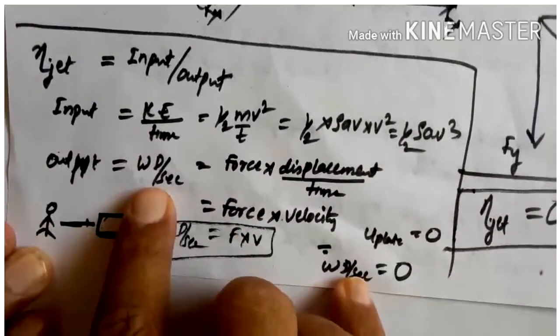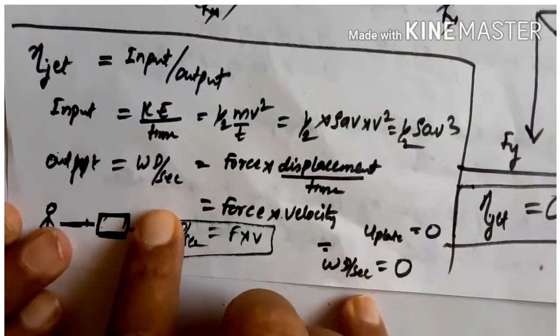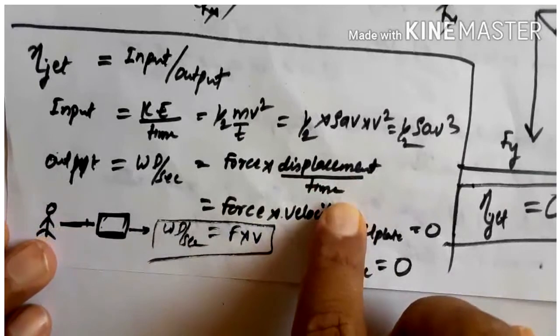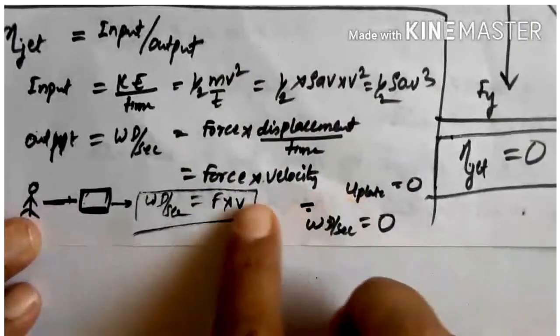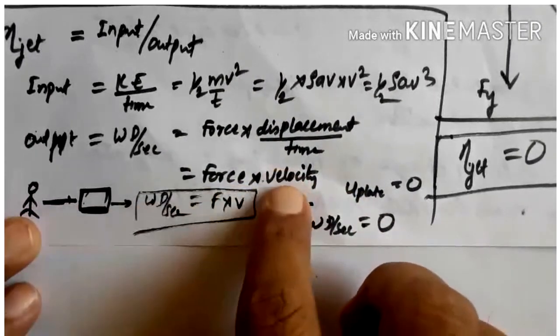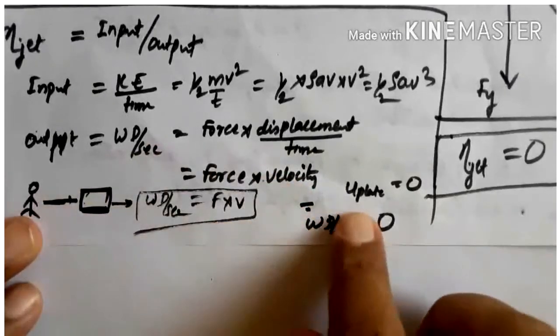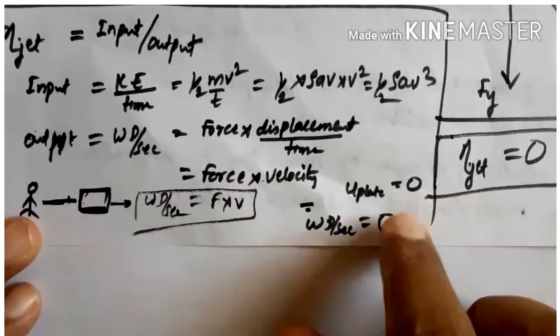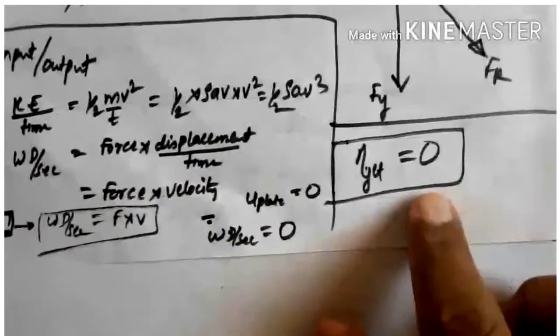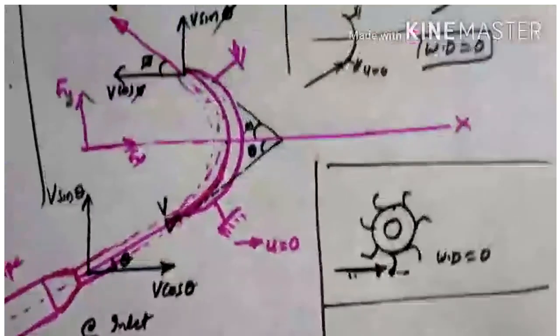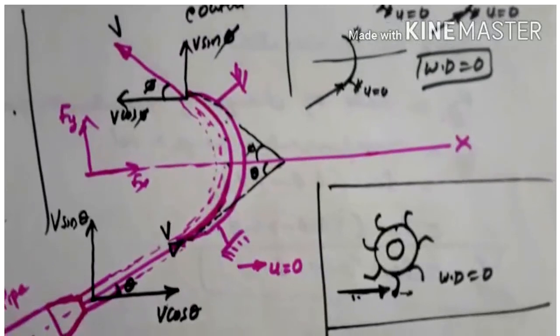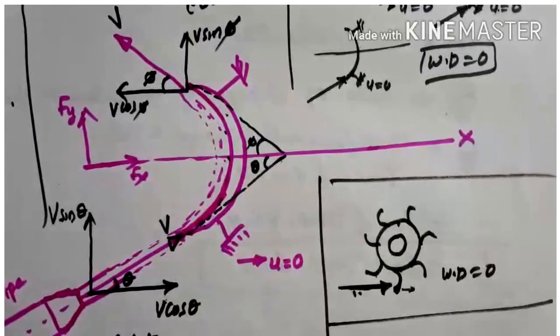The output is the work done, that is work done per second, force into displacement per unit time, so we get force into velocity. This velocity is the velocity of the vane. Since in all three cases the velocity of the vane is 0, the work done is 0, hence the efficiency will be 0. I hope you understood this. Please practice these problems and try to derive the equations once again. Thank you.